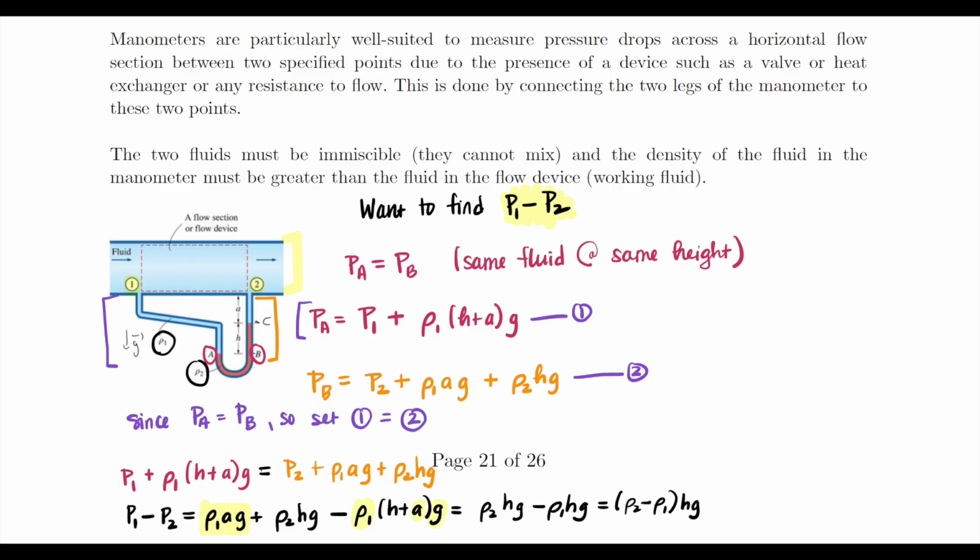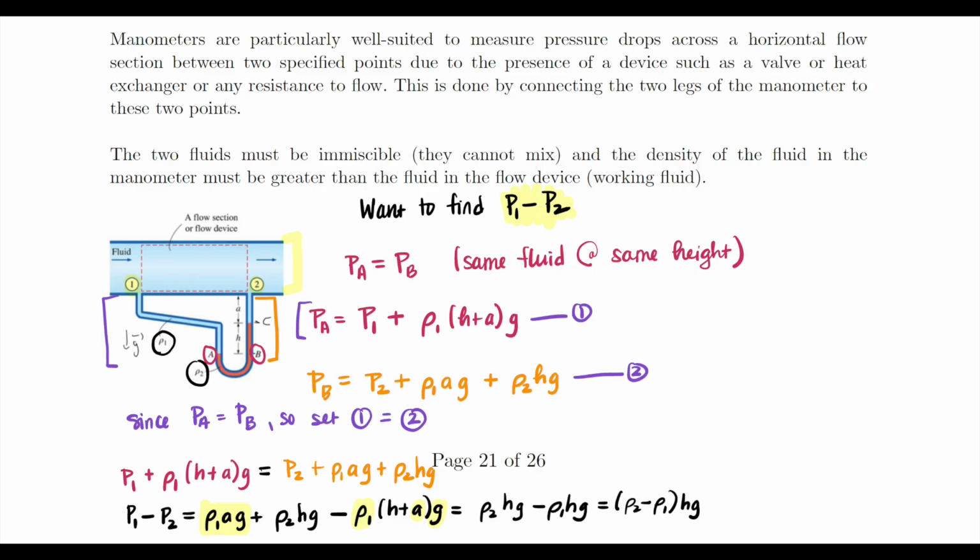Okay, so we've kind of talked about using manometers for finding static pressure in tanks and things like that. They're also really useful for measuring pressure drops against flows in pipes, for example. And so the way this kind of is set up is using a system like this picture down here.